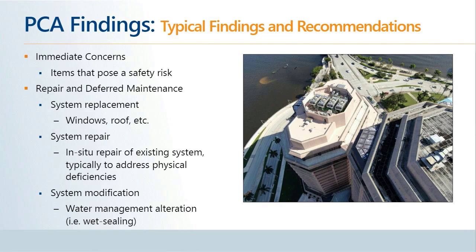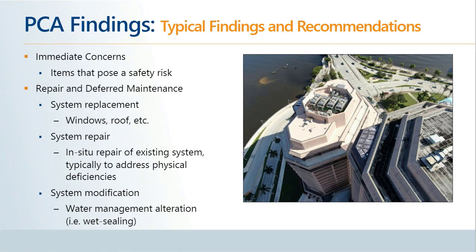The most common need identified during a PCA, and one of the primary functions of the PCA, is identifying the need for repair of some type to address distress, deferred maintenance, and to maintain building performance. In a lot of ways, identifying repair and maintenance needs, particularly those with significant capital expenditures, is the primary aim of a PCA.